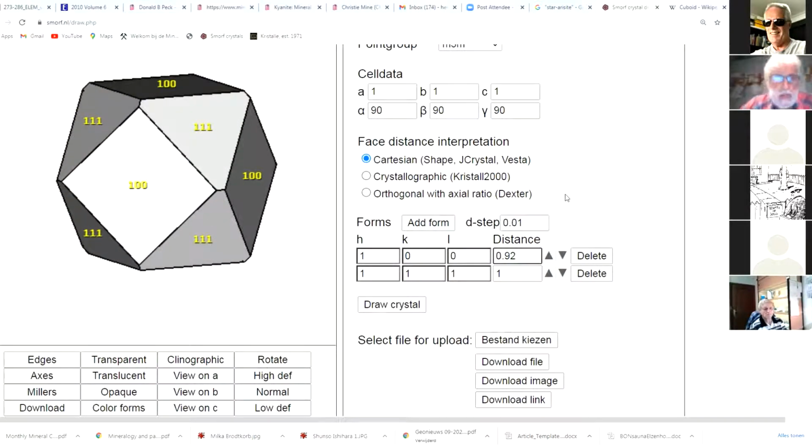So this is kind of nice to see how two forms can interact.